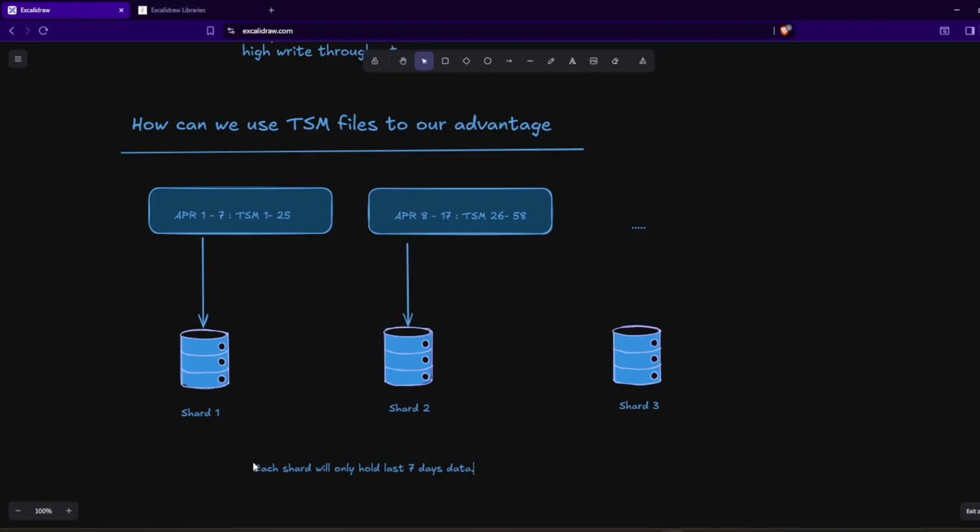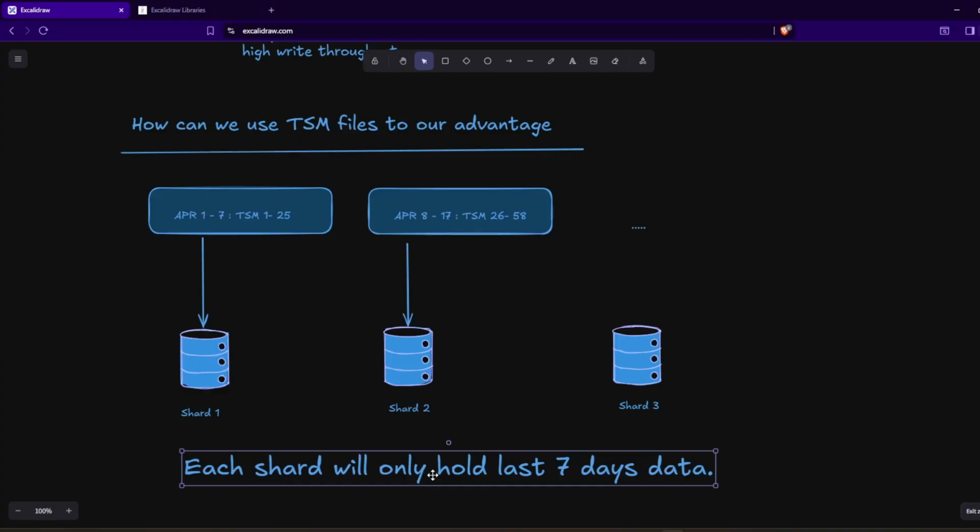So what is the advantage that we have with these steps? It is called retention enforcement. A background job will keep on checking all the dates and the target shards, so we are never keeping more than 7 days of raw data. You might be questioning, what do you mean by 7 days of raw data?